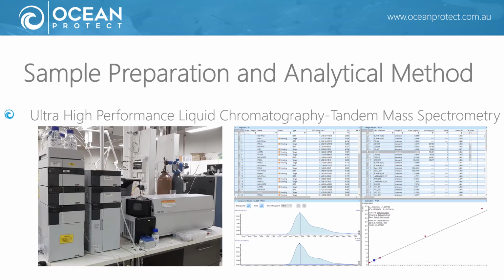Blank and spiked recovery samples are run to verify performance, with no PFAS in the blank samples and recovery samples with known concentrations of PFAS analytes within 20% of the expected values. Duplicate samples provide further quality assurance and quality control. The figure on the left shows the ultra-high performance liquid chromatography and tandem mass spectrometry equipment. The figure on the right shows the chromatogram for PFOA and the internal standards along with the calibration curve.